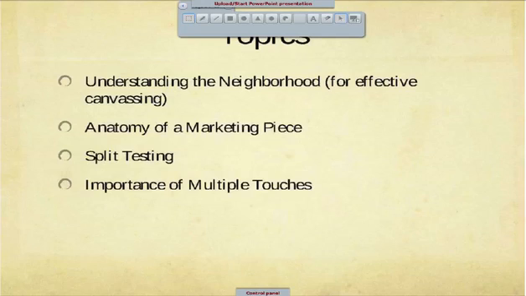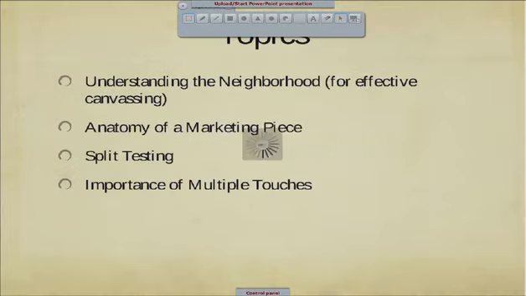But again, like I said, the main piece for this webinar today is going to be understanding the neighborhood so that you can really become an effective marketer and an effective canvassing pro.